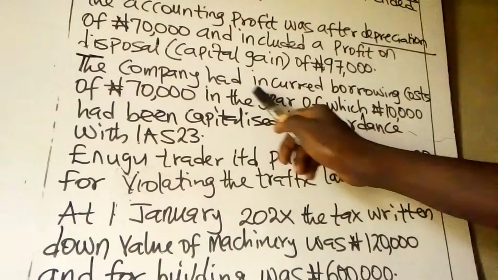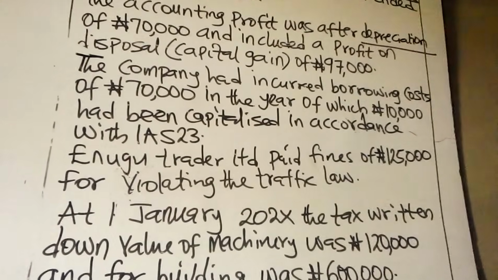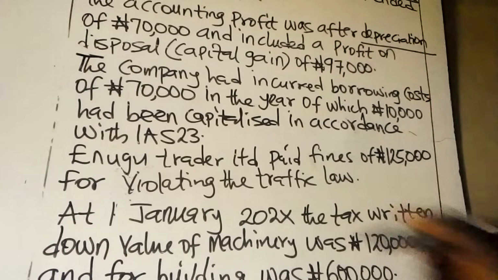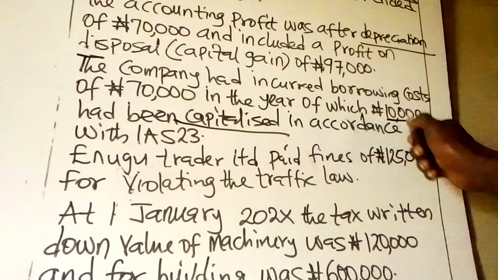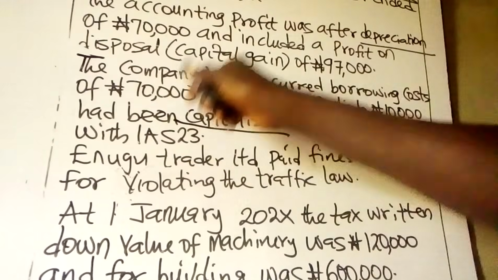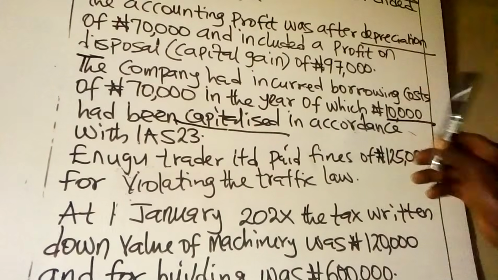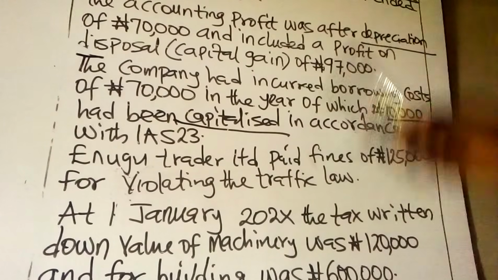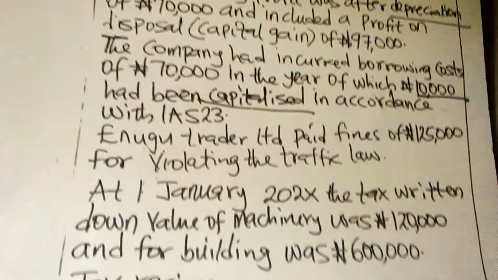The company had incurred borrowing cost of 70,000 in the year, of which 10,000 had been capitalized. Of the 70,000, 10,000 has been recorded as an asset. That means the only amount they have deducted in the statement of profit or loss as finance cost is 60,000, while 10,000 has been included in the value of the asset in accordance with IAS 23.